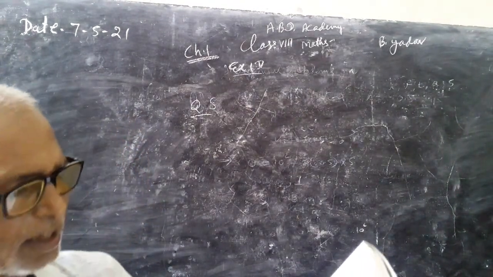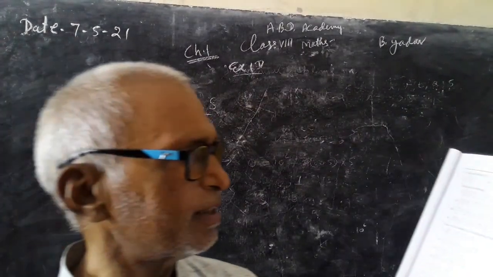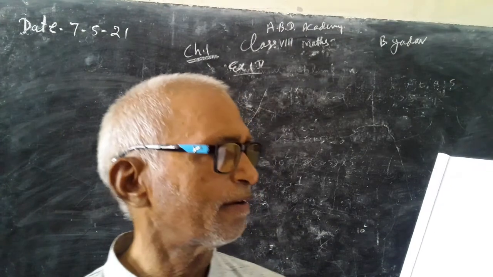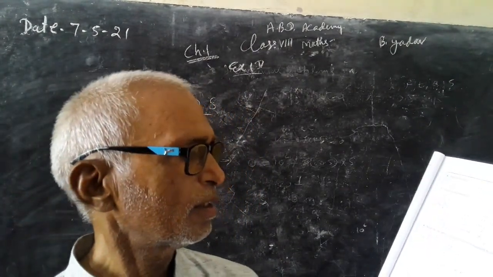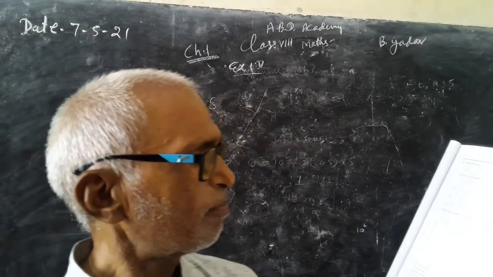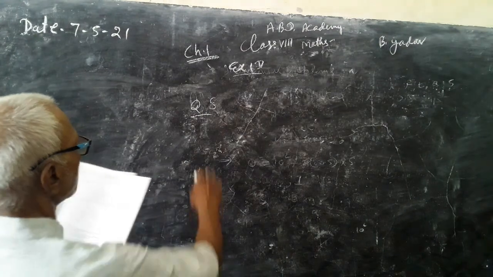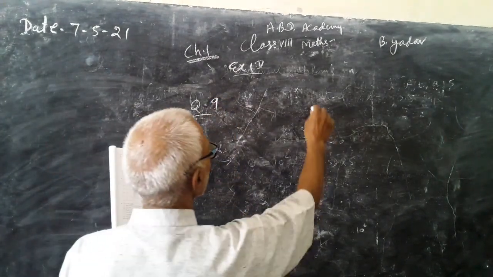Now number 9 is fill in the blanks. The product of a rational number and its reciprocal is 1. Right, here 1. Number 9 of exercise 1D. The product of a rational number and its reciprocal is 1.